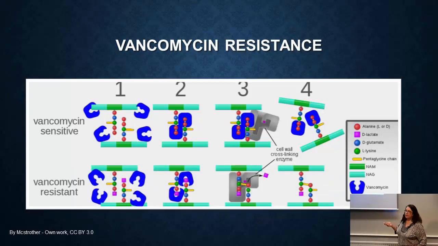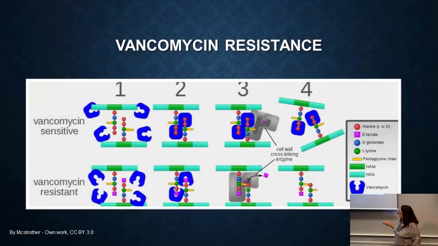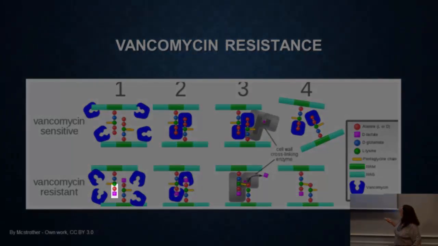What vancomycin resistance is, though, is very clever. What has happened here, and I don't know how well you can see this, if you look at that little red ball on the end here, that's an alanine in the original structure. What resistant cells have done is exchange that for D-lactate.